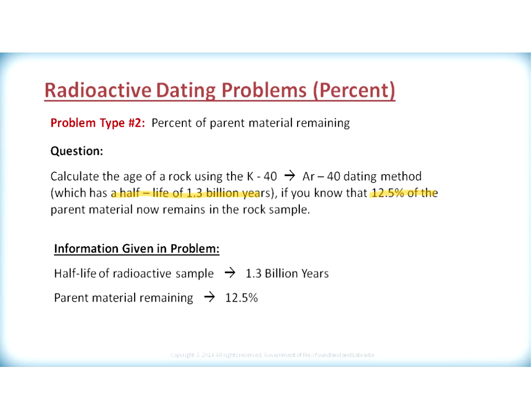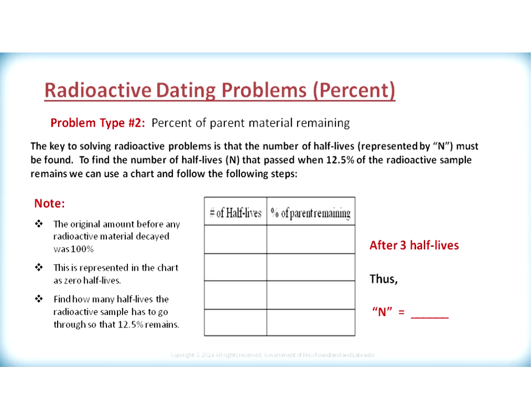By looking at the information given, we know that the half-life of the radioactive sample is 1.3 billion years. The amount of parent material remaining is 12.5%. So we can use this information to calculate the age.